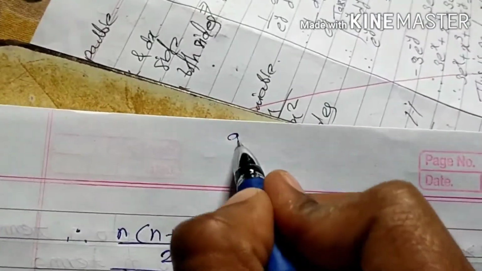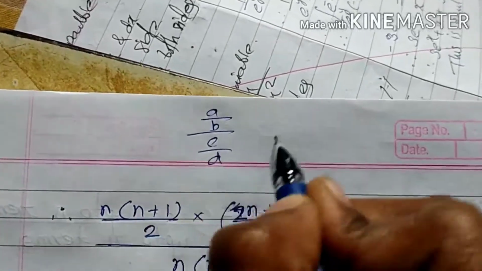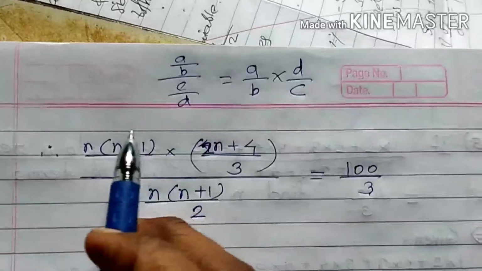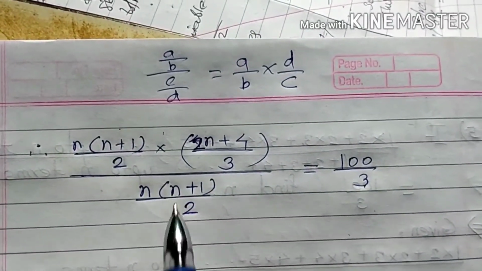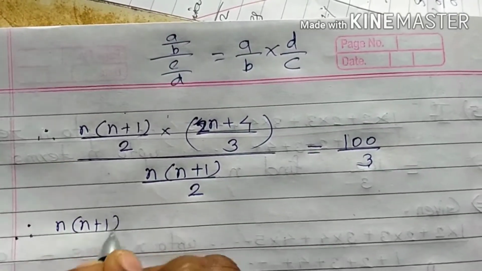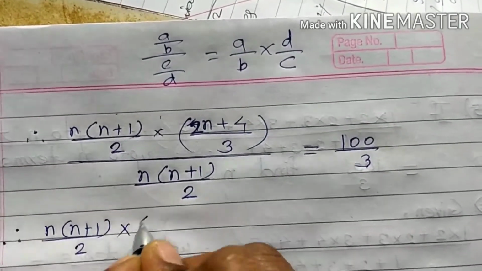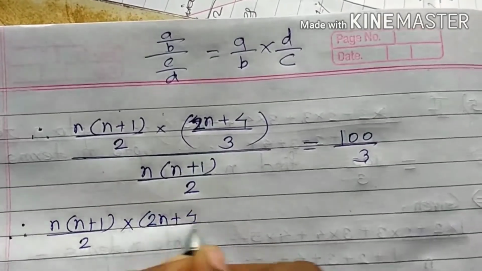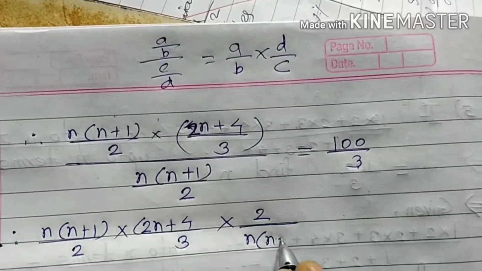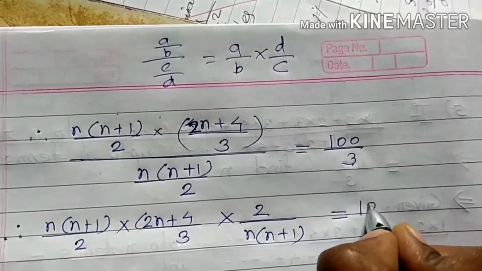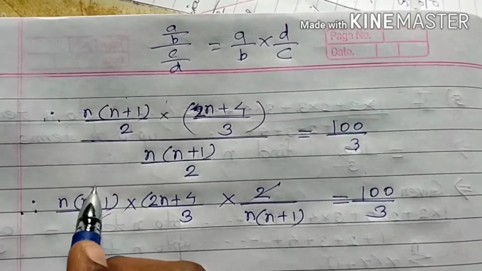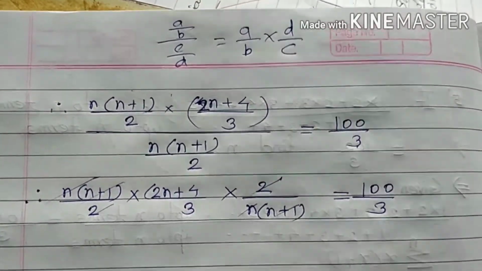Now we know that if a/b upon c/d, then we can calculate it as a/b into d/c. So it is (n+1)/2 into (2n+4)/3 into 2/(n+1), which is equal to 100/3. Now this 2 gets cancelled, this n+1 and n+1 get cancelled.